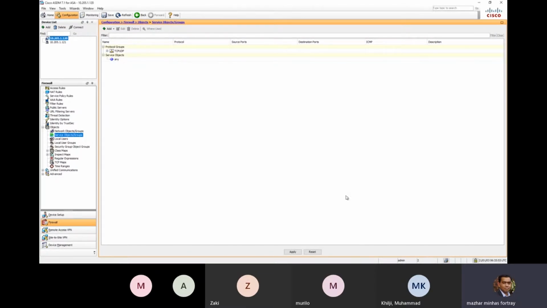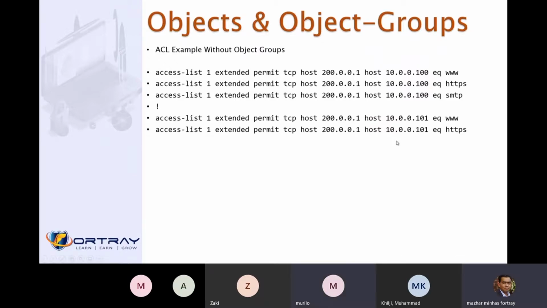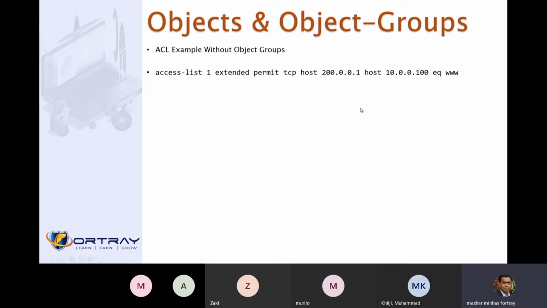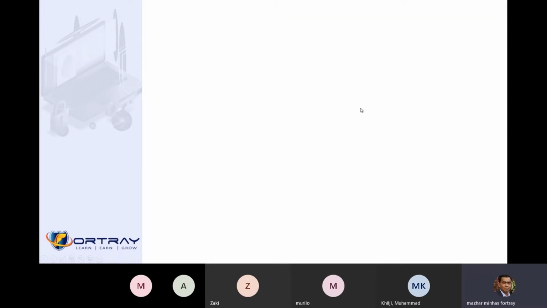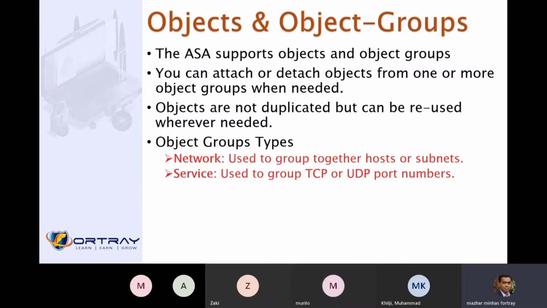And let's see what the benefit is. If you don't use objects or object groups, what is going to happen? Your access list goes from top to bottom, and this is an example of using an access list without objects and object groups.